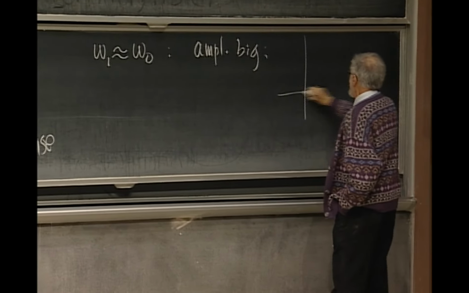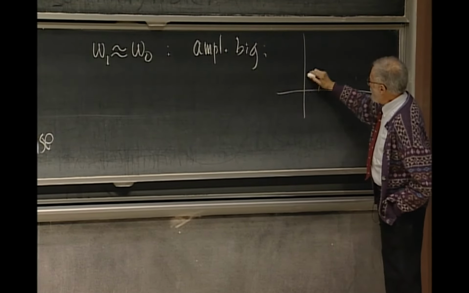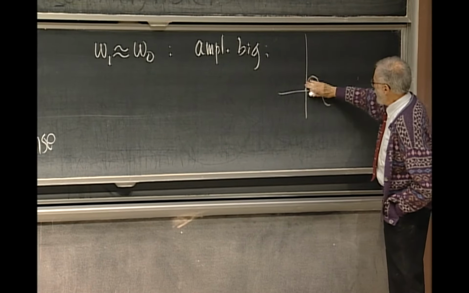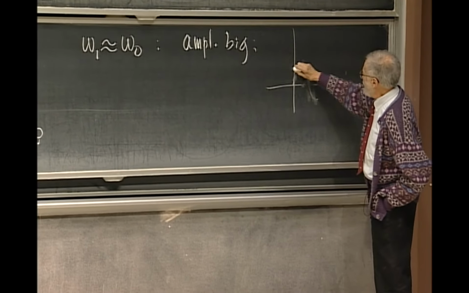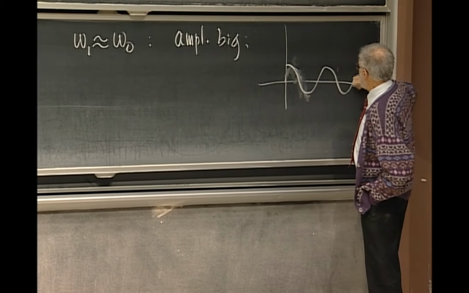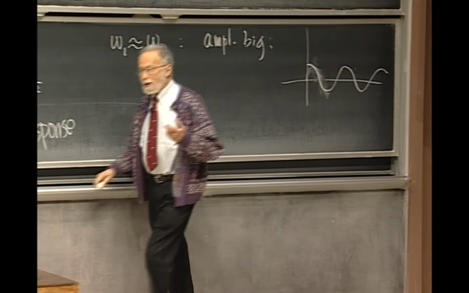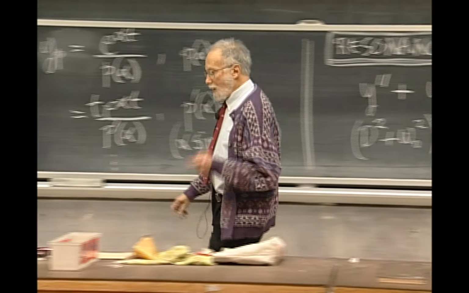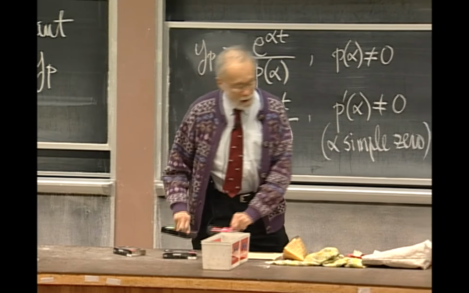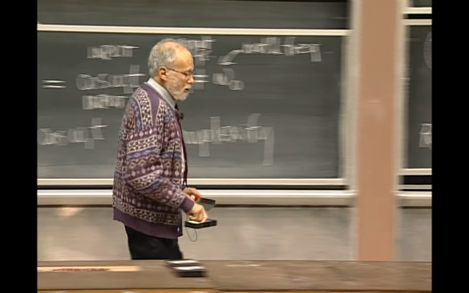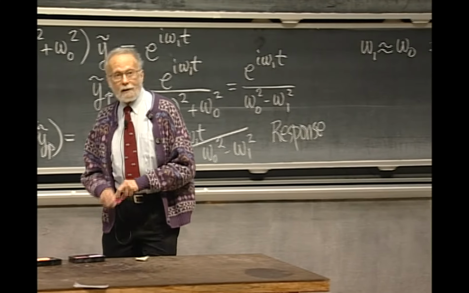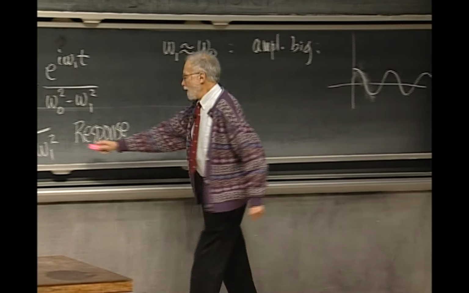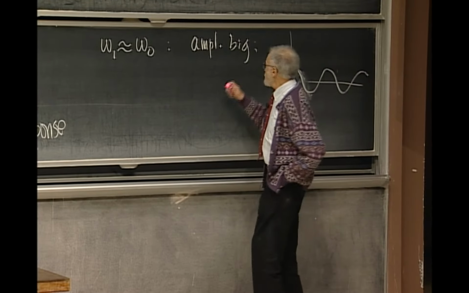So the input might have looked like this. Well, it's cosine, so it's sort of start up here. The input might have looked like this, but the response will be a curve with the same frequency and still a pure oscillation, but it will have much, much bigger amplitude. And it's because the denominator, omega naught squared minus omega 1 squared, is almost 0.